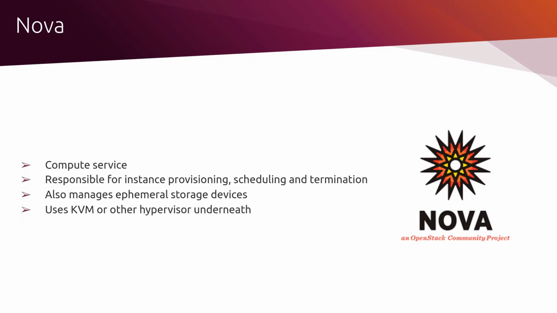So Nova is not a hypervisor on its own. It rather wraps around the existing hypervisor and provides those on-demand provisioning capabilities. And Nova also manages the ephemeral storage devices, so those are created by Nova.